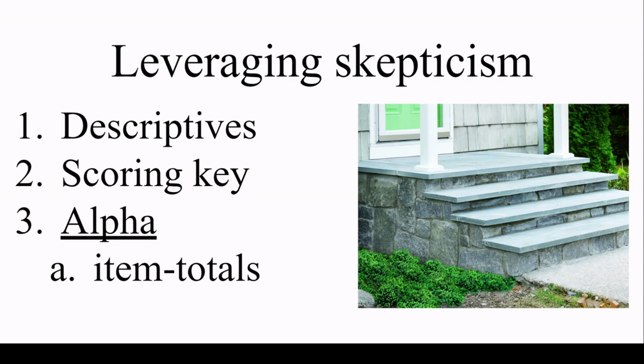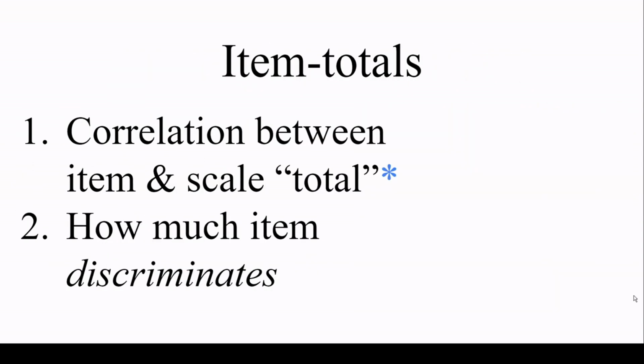This is far and away the most diagnostic and helpful index in the vast majority of assessment data investigations. These are so important that they're sometimes just referred to as item totals, although that's a little unfortunate because it's misleading. The item total is simply a correlation between someone's response on an item and their overall scale score.